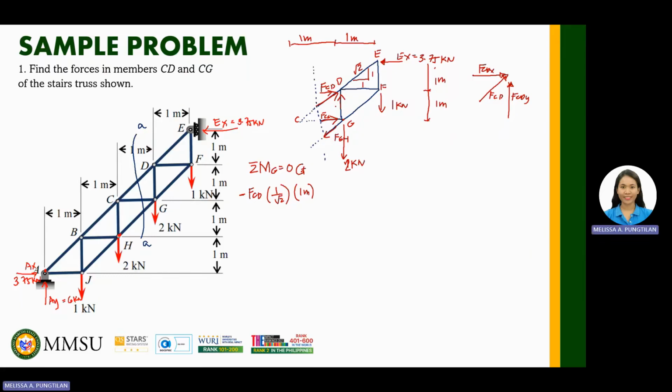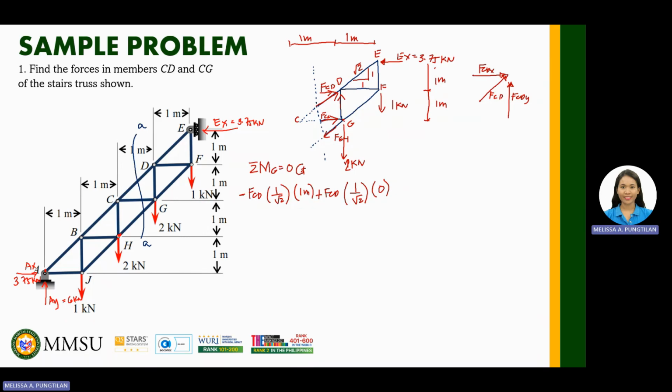Okay. Therefore, susunod na natin yung mga external forces and support reaction. Okay. For our 2 kilonewton, sige, sulat ko na lang. So, sige, plus FCD, the Y component is 1 all over square root of 2 also. The distance, 0. There's no perpendicular distance. 2 kilonewton.